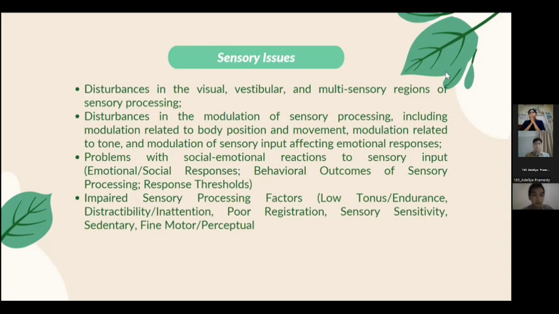And then there are problems with social emotional reactions to sensory input, and impaired sensory processing factors like low tonus or endurance, distractibility or inattention, poor registration, sensory sensitivity, sedentary behavior, and then fine motor perceptual problems.